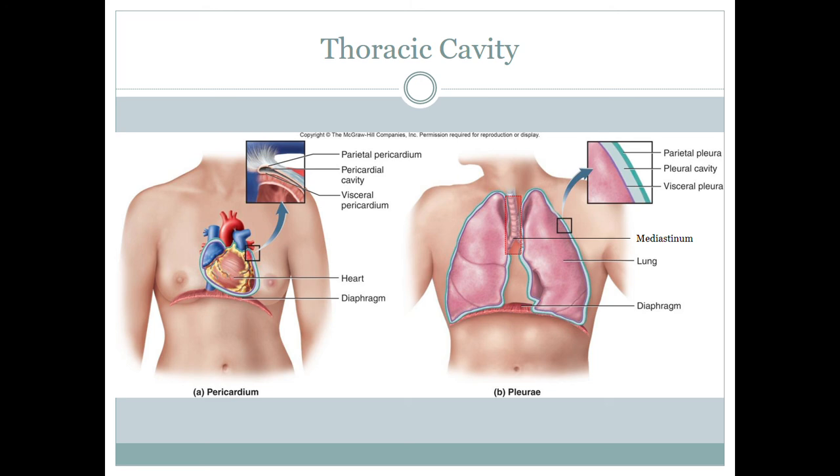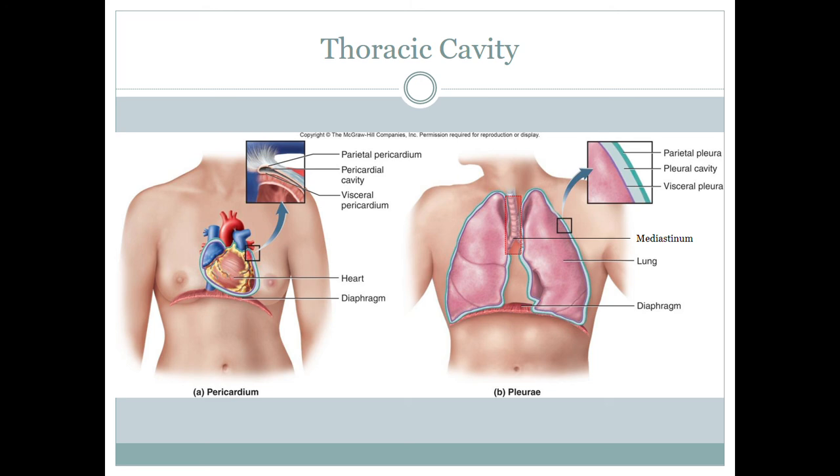Now, within each cavity, the outermost layer, which lines the inside of the cavity, is called a parietal membrane. The serous membrane that covers the organs within the cavity is called a visceral membrane. The visceral membrane is tightly attached to the surface of the organs itself.